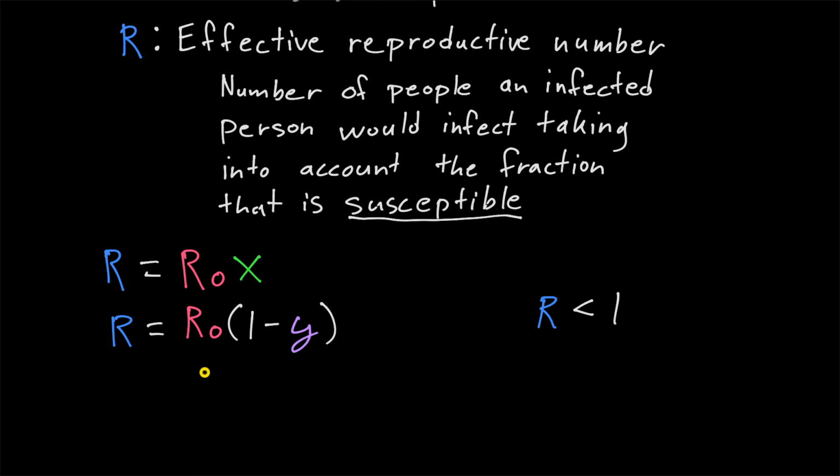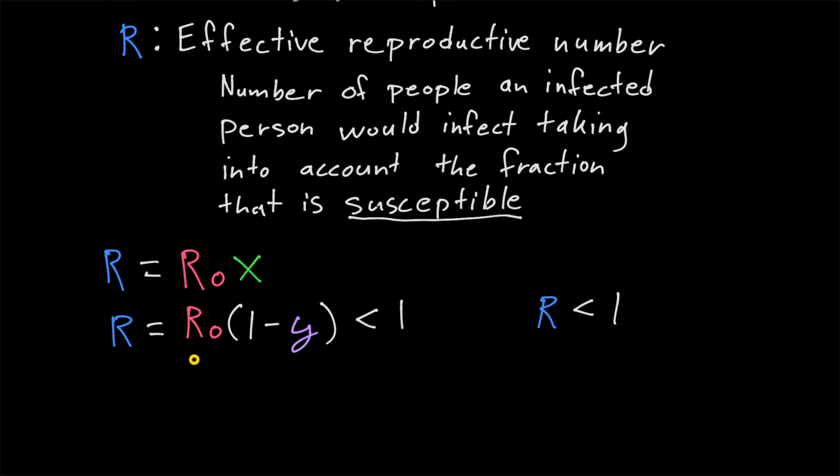And so if this is the condition that we require to rid ourselves of this disease over time, it must also be true that if we take the basic reproductive number times 1 minus the immune population, and we set this less than 1, then we are also going to rid this population of the disease, because R naught times 1 minus Y is equal to R. And if R is less than 1, then we are going to rid this population of the disease.